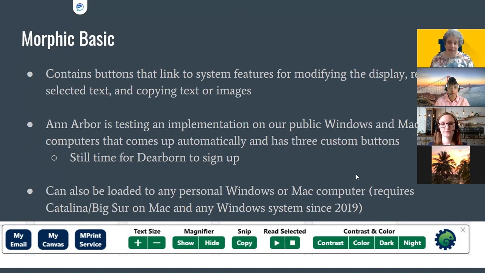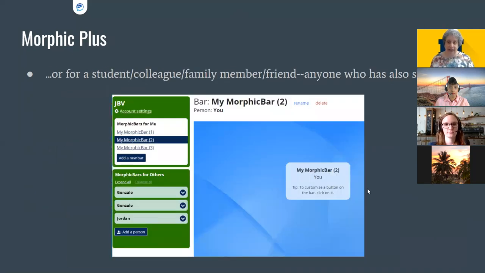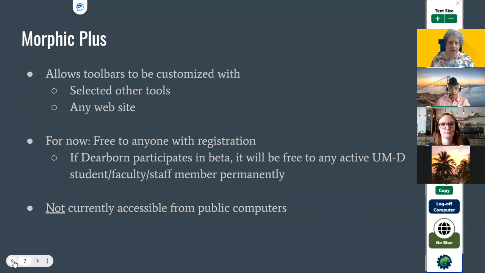The Morphic Basic toolbar, in addition to being able to be added to networks, can also be downloaded at no charge to any personal computer. Judy, could you go back a few slides, please? One more.